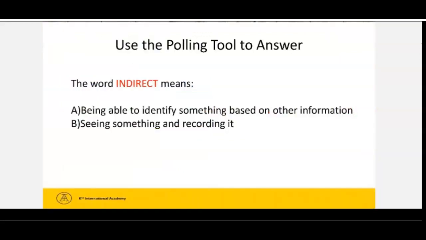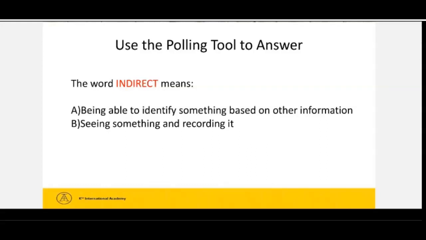All right, so next it says the word indirect. What do you think that word means? I'm going to put the polling tool up. Indirect, you can click A or B. Is it being able to identify something based on other information? Or is it seeing something and recording it?